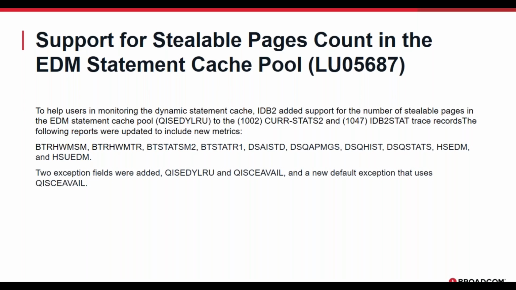There is a large list of those online, batch, and history. Two exception fields were mapped as well and added to the exception system, and a new default exception was created that uses the keys available field.